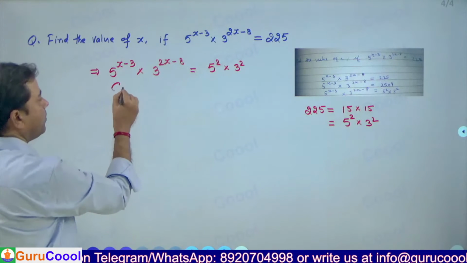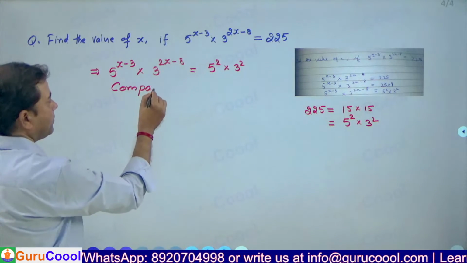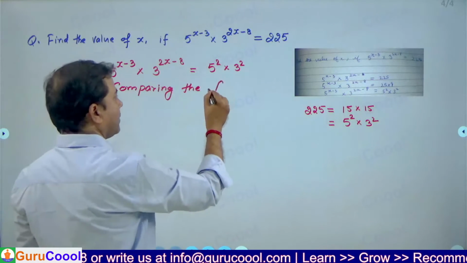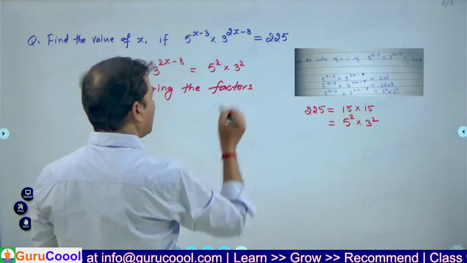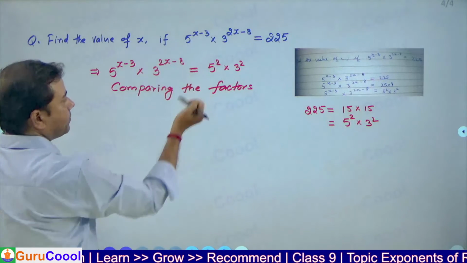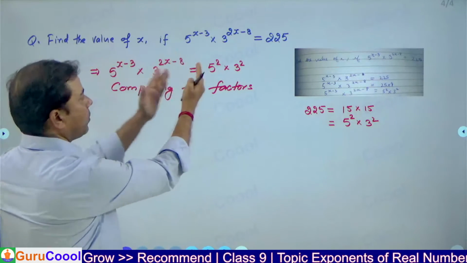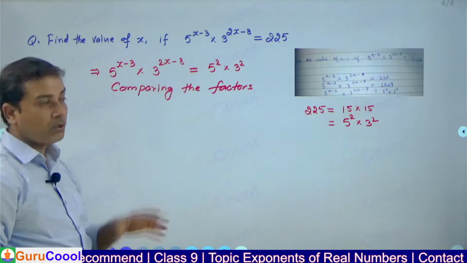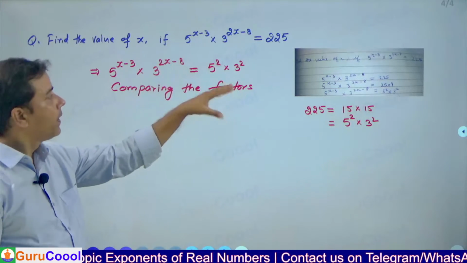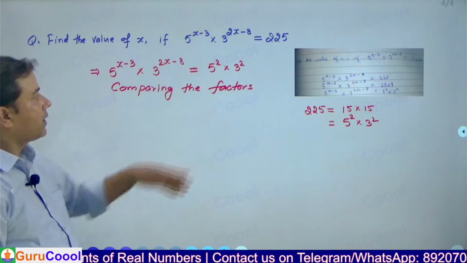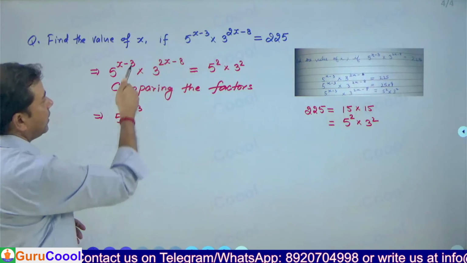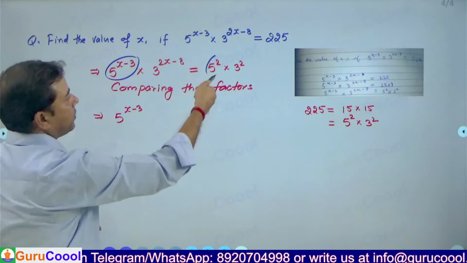Comparing the factors: left hand side is equal to right hand side, so their values must be the same. That means 5 raised to the power x minus 3, the first factor, is equal to the first factor, 5 square.